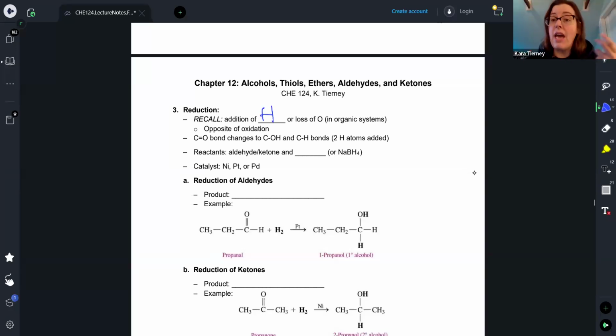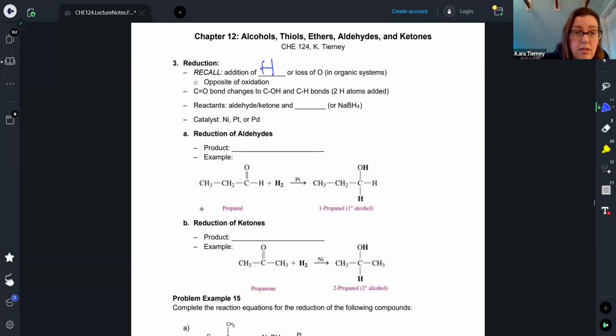Instead of a carbon-carbon double bond, though, we're dealing with a carbon-oxygen double bond. If we go all the way down here, we see this carbonyl. The hydrogen will break open. We see the same heavy metal catalyst required to break that hydrogen-hydrogen bond.